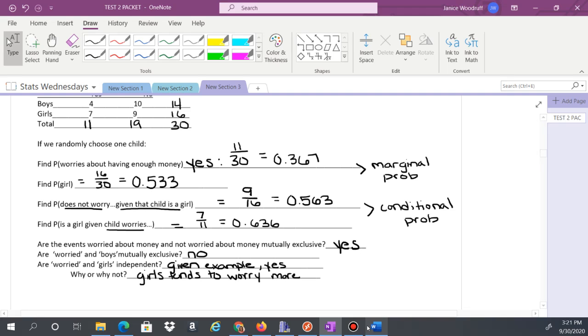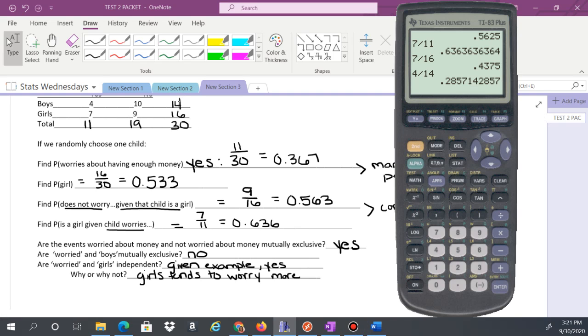All right, looking at this example, so let's just say I just want to look here, boys and girls. So what's the probability that I pull a blue card, 14 out of 30, and a pink card, 16 out of 30? Okay, I add these two probabilities together, I get 1. So the sum of your total probabilities, boy or girl, would be 1.